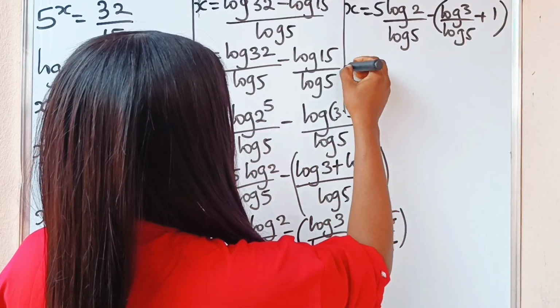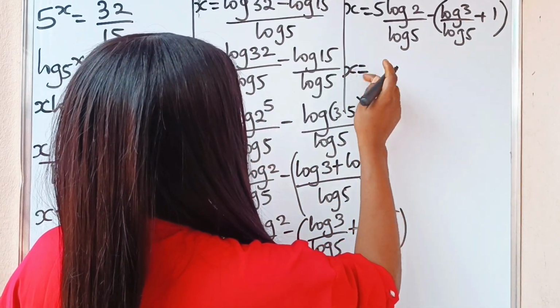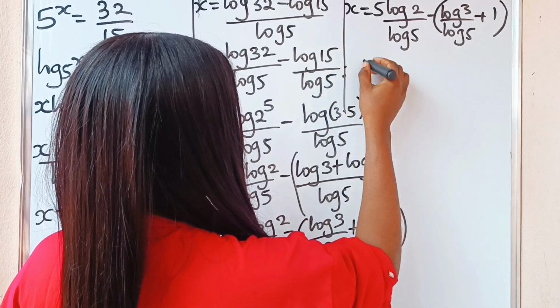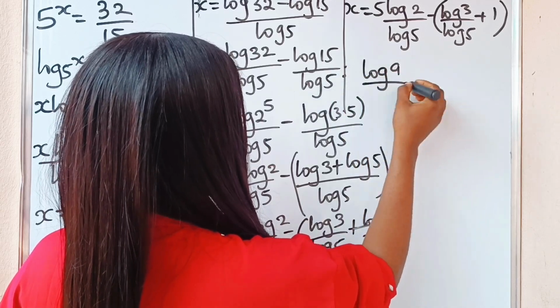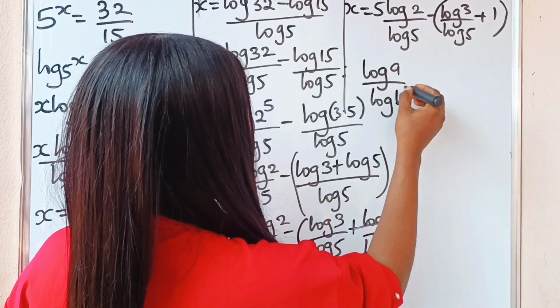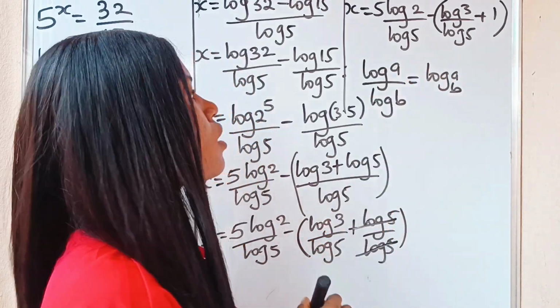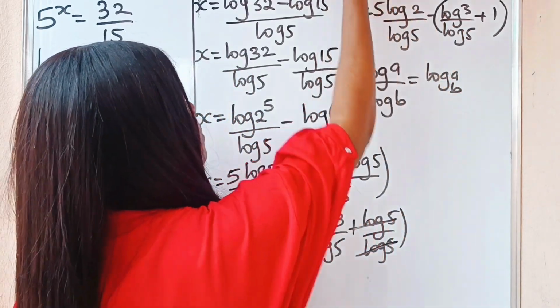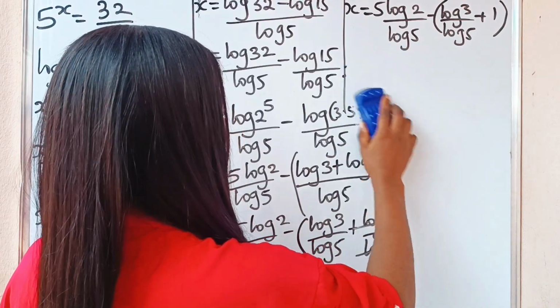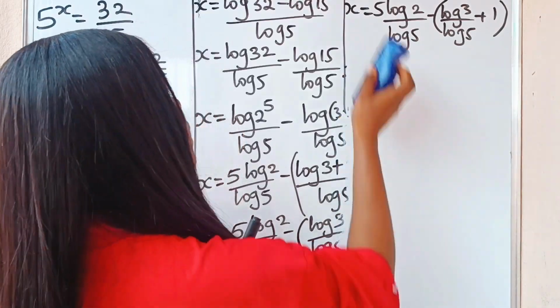Okay, now x is equal to, when you have log a divided by log b, this is same thing as log a base b. Okay, so let's use that here so that this solution will look simpler and not too complex or ambiguous.